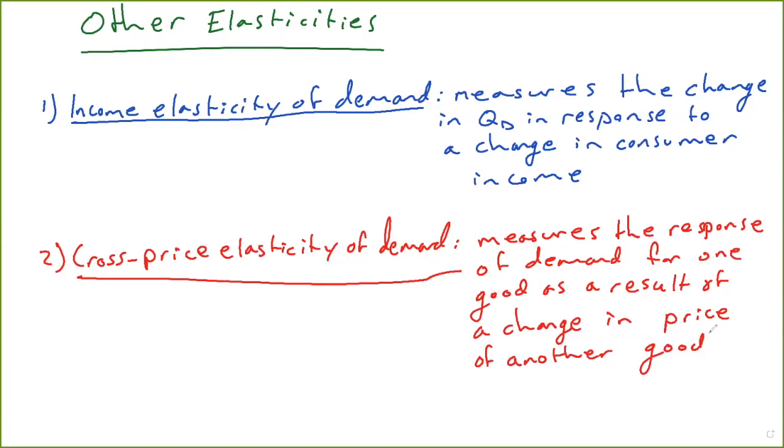Well, remember from our supply and demand module that goods can be complements or substitutes. And so in those cases, the change in the price of one good will affect the demand for its complements and substitutes. But we'll get into both of these a little bit more here.